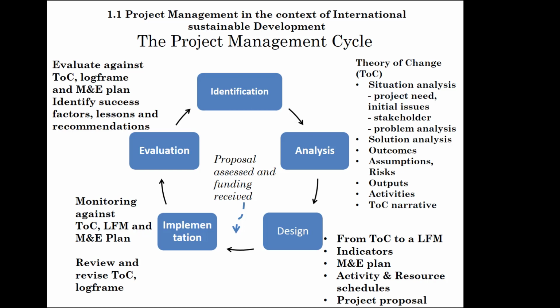Having done this, your monitoring and evaluation plan, having the activity and financial budgets, you have then a complete project proposal. So identification, analysis, and design of the project proposal are the 3 main phases of the project cycle management that we are going to address in this module.